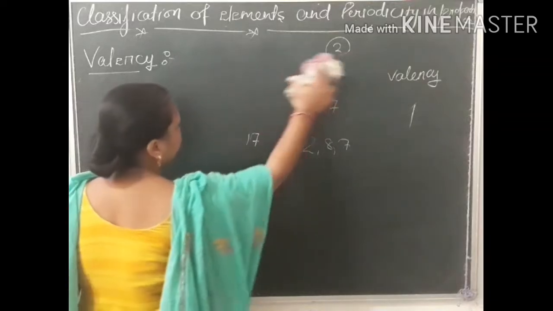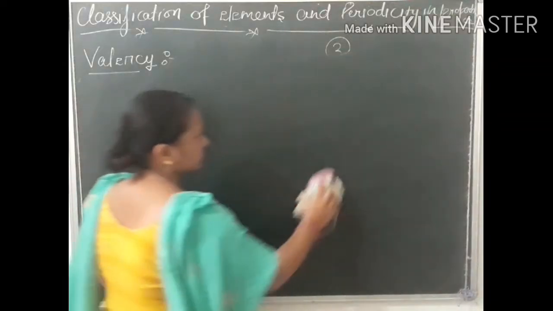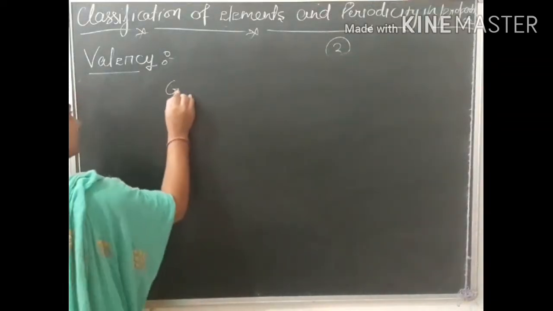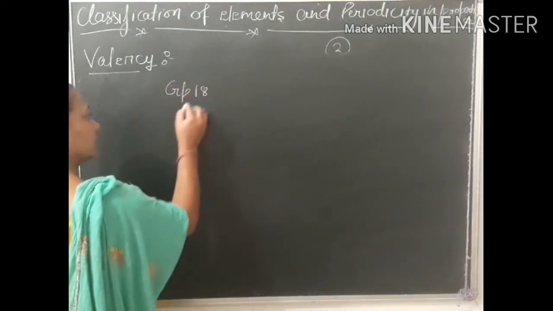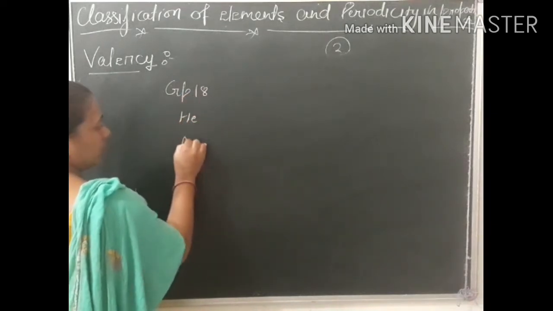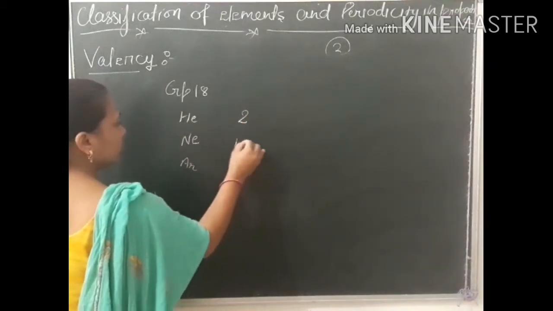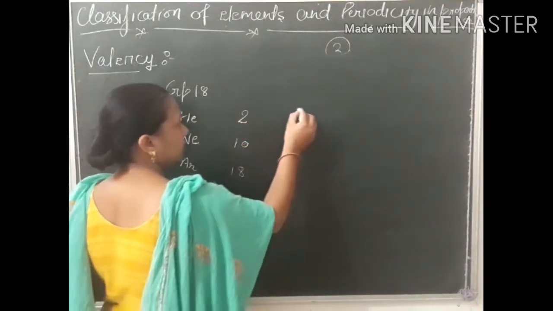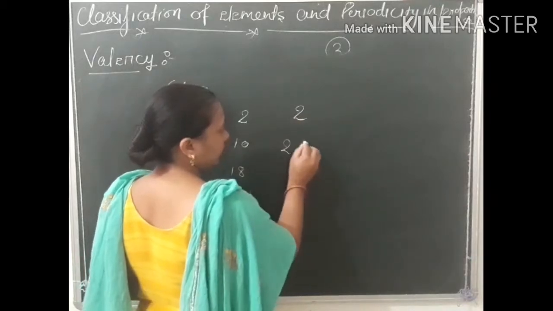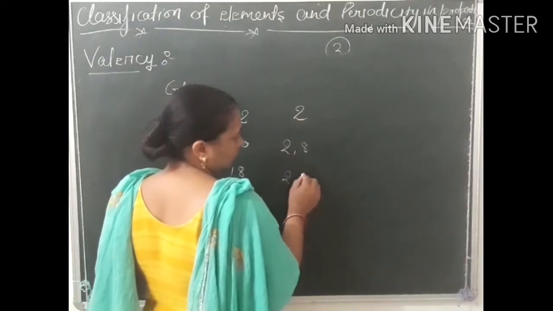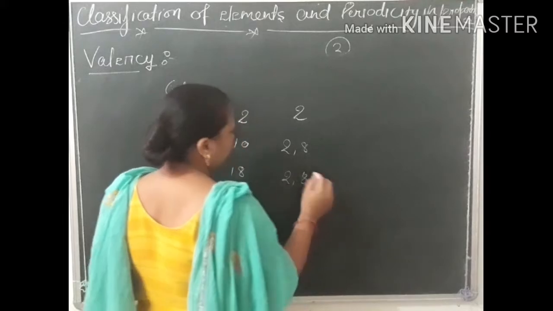Group 18 elements: helium, neon, argon, with atomic numbers 2, 10 and 18, and configurations 2, 2 and 8, 2, 8, 8.